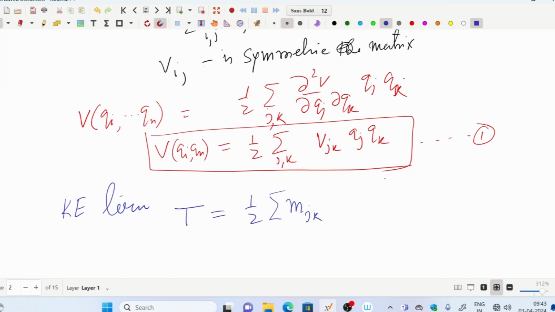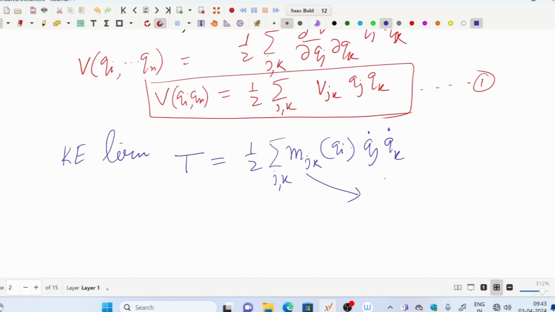Similar to the potential, we can have a general mass that is a function of the coordinates, and then qj dot qk dot. So the general kinetic energy can be written in this form, where this mjk is in general a function of coordinates.